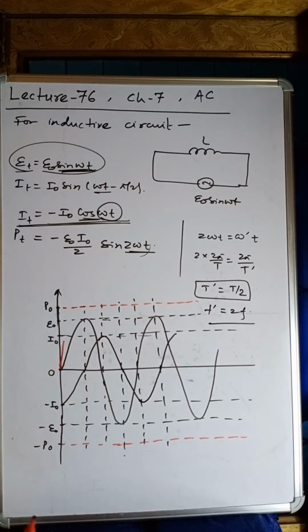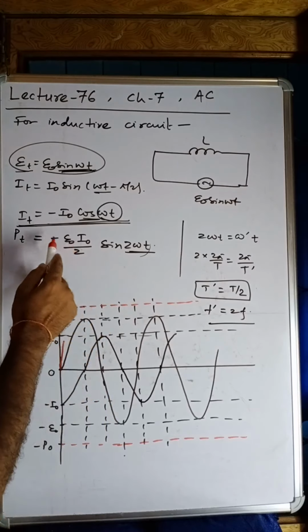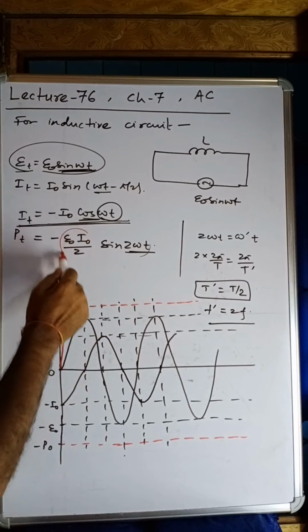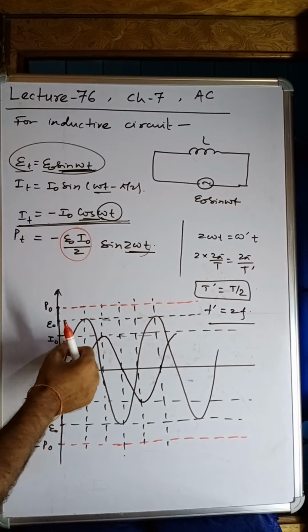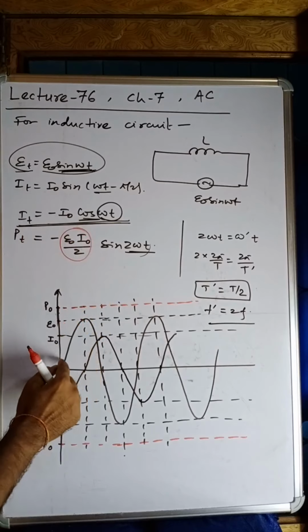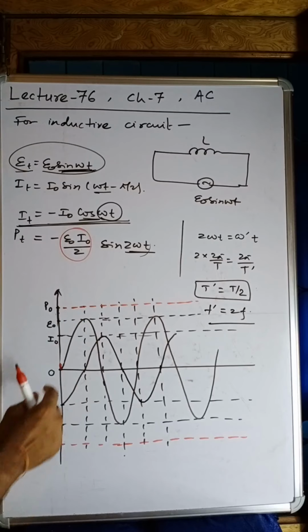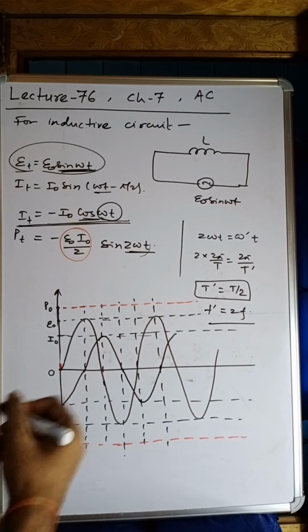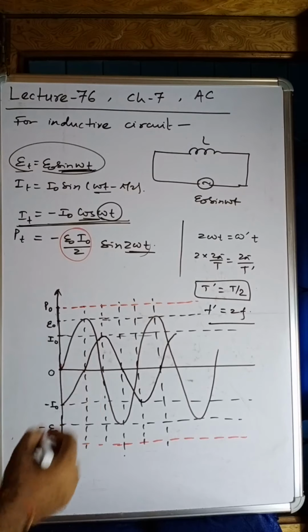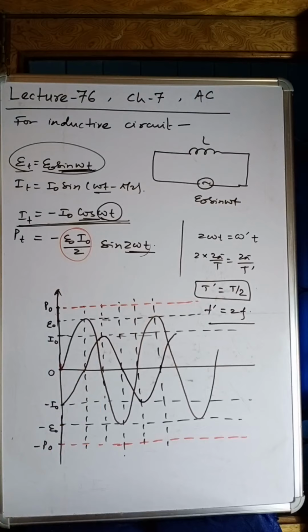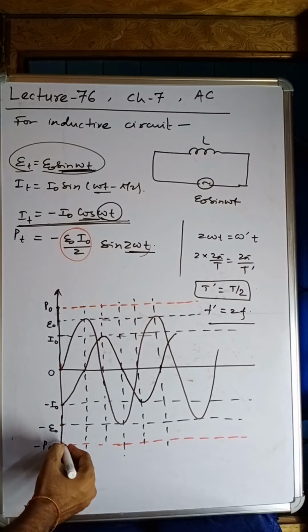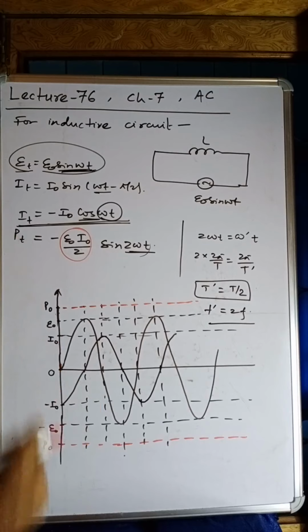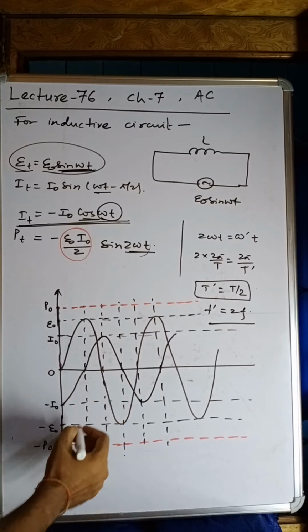And remember the power, it will go from minus half of E naught I naught, the product of E naught I naught by 2. So it should start from negative from here, and we have to complete the graph in this way.